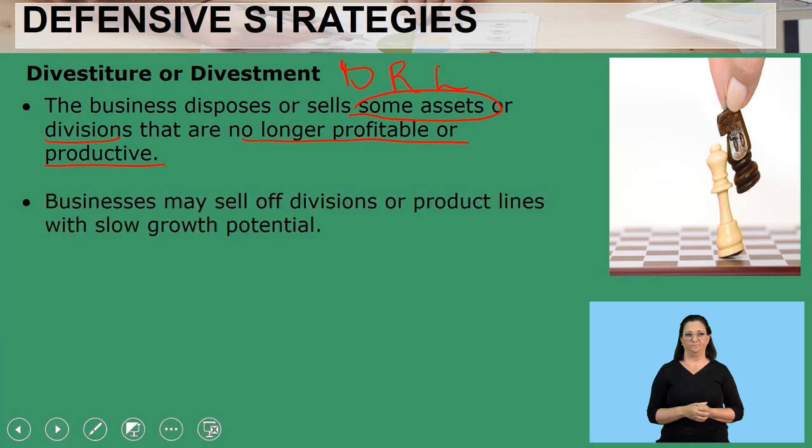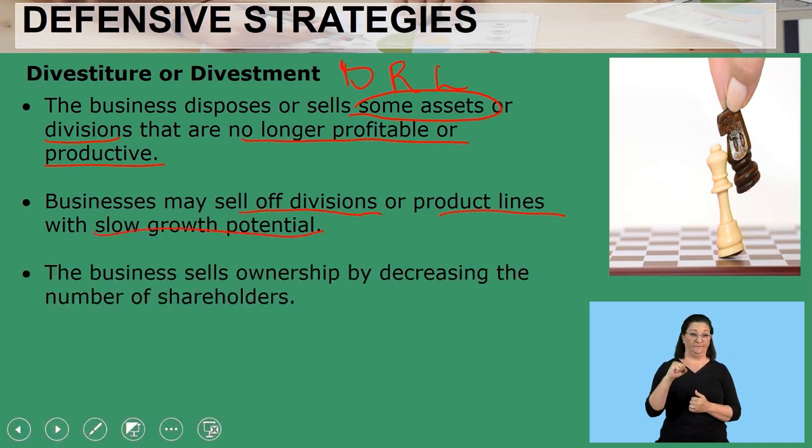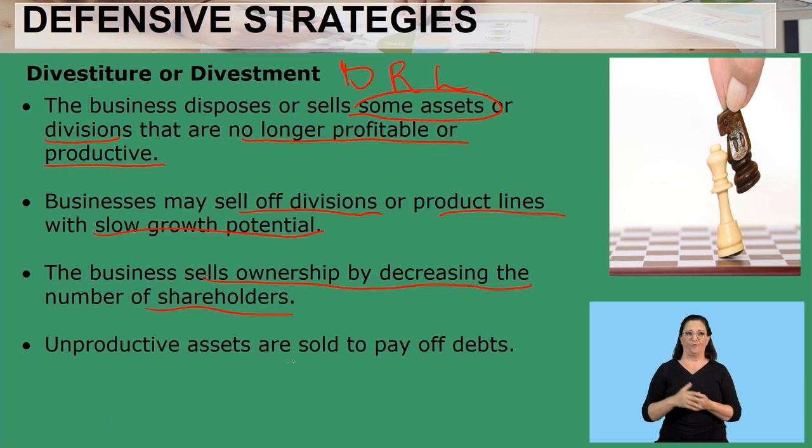The business may sell off divisions or product lines with slow growth potential. Remember, we're being defensive here. The business sells ownership by decreasing the number of shareholders. That is the first thing that you're going to do as a defensive strategy. Unproductive assets are sold to pay off the debt.